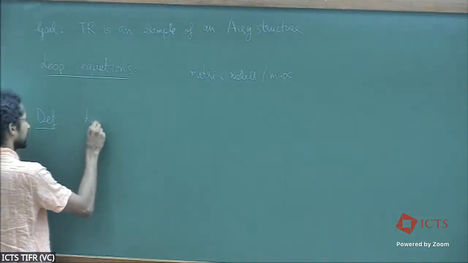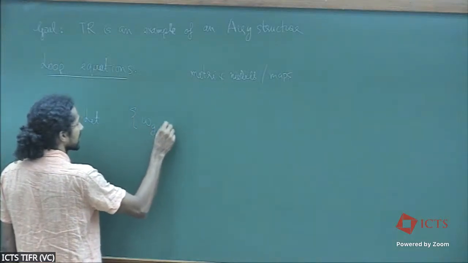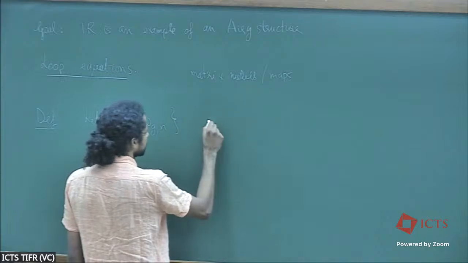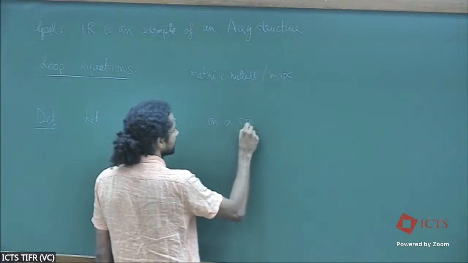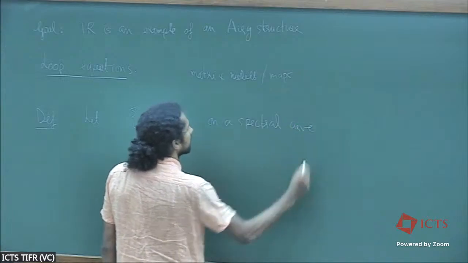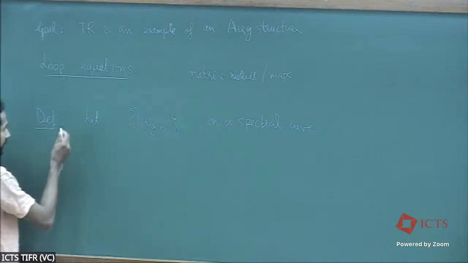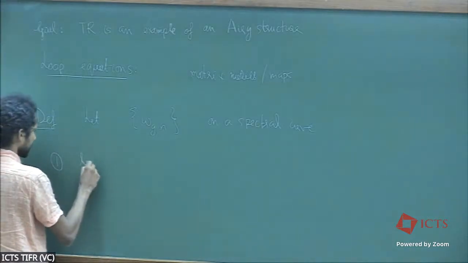Let me consider some collection of differentials, omega g,n, on a spectral curve. There are two loop equations. The first one is called the linear loop equation.